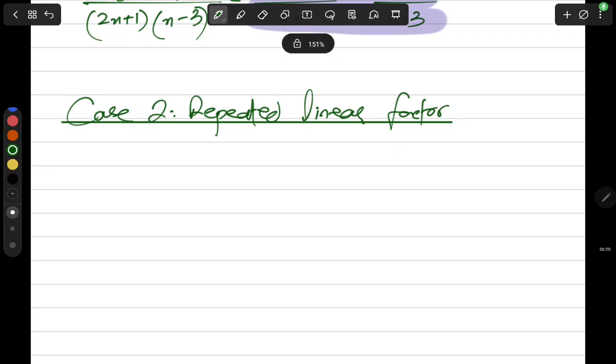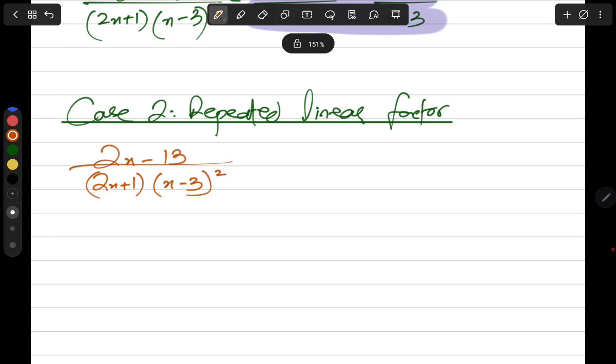Now this is our second, so this is our case 2, in which we have a repeated linear factor. Okay, so now let's say that instead of 2x minus 13 upon 2x plus 1 times x minus 3, as in the last question, we now have x minus 3 whole squared.